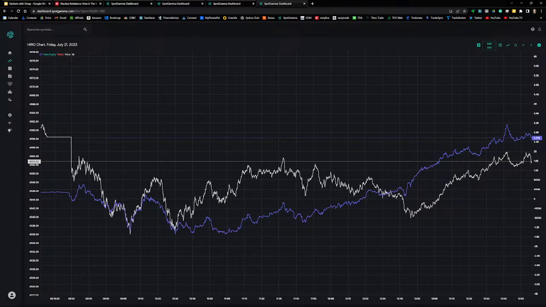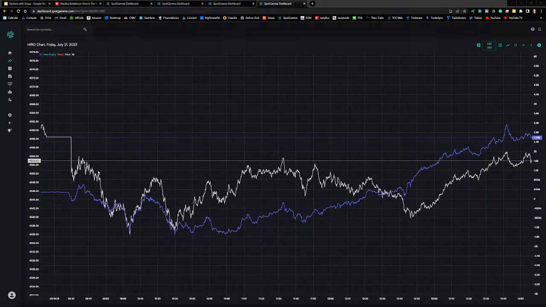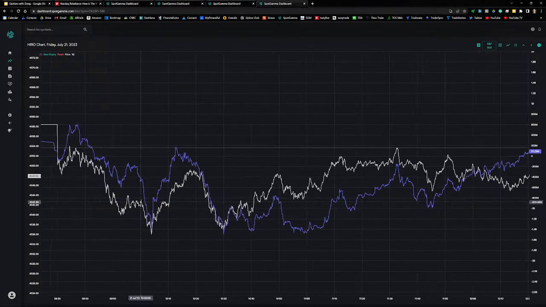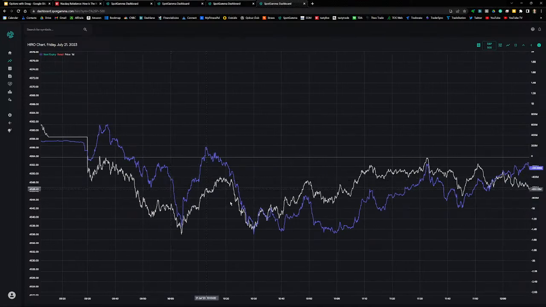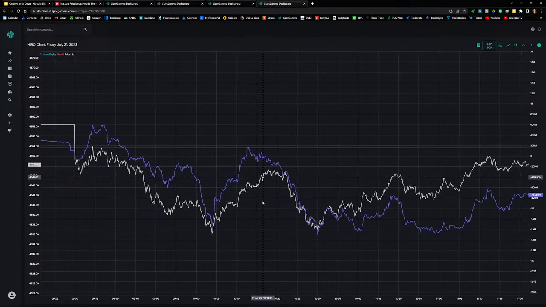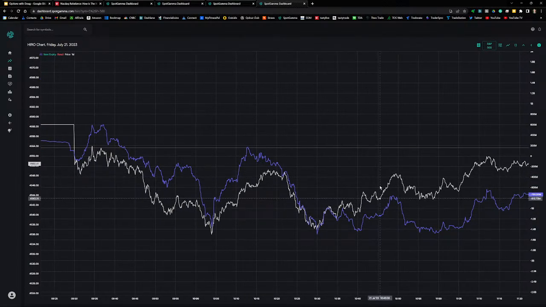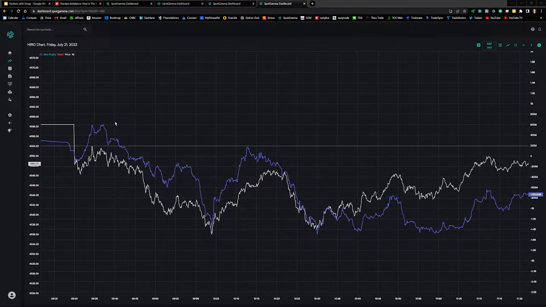The first was that reversal at the 454 level, the SPY 454. Let me zoom in a little bit more so we can see this a little bit more clearly. So that was the first short setup right there.